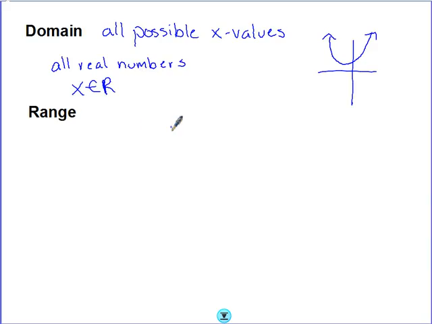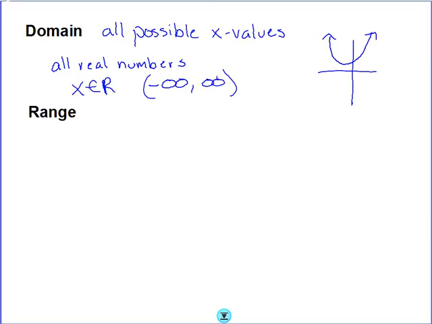We could also see it written in what's called set notation, and so we would say that x has to be between negative infinity and positive infinity, the little sideways 8 looking thing, that's an infinity symbol. Alright, so either x is an element of the real numbers or x is between negative infinity and positive infinity because any x value will be somewhere on that graph.